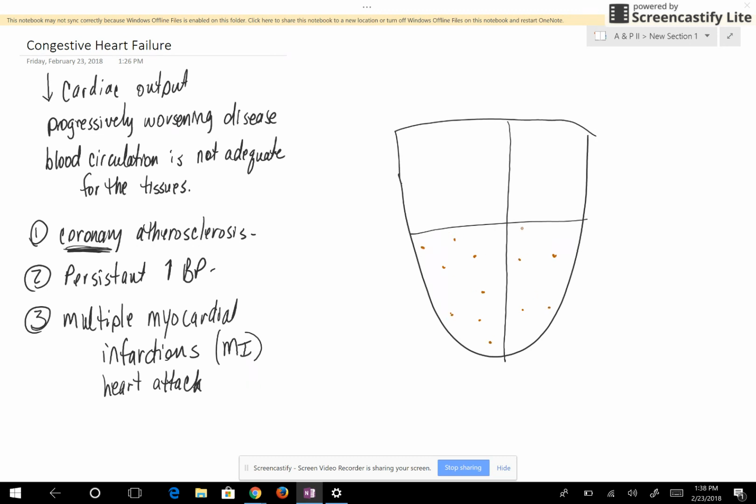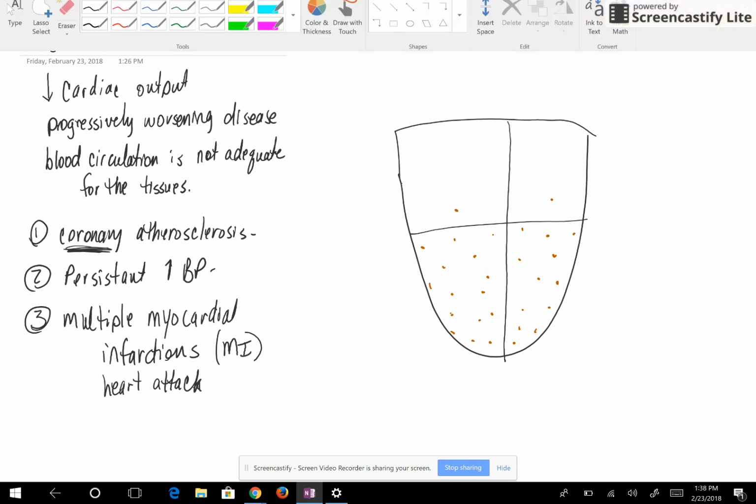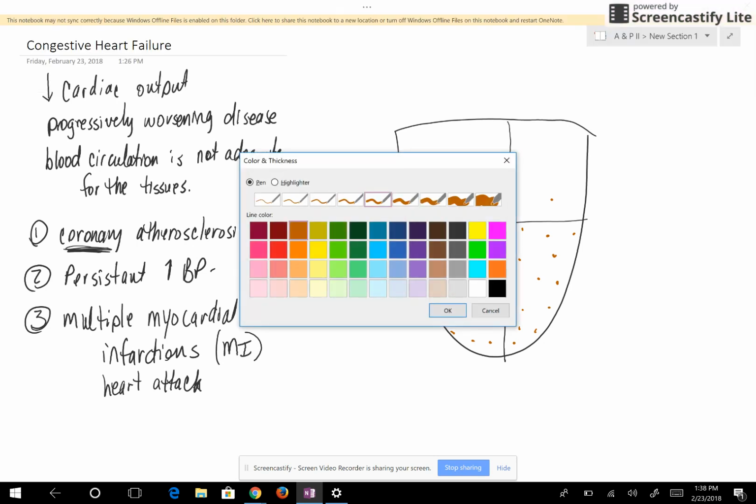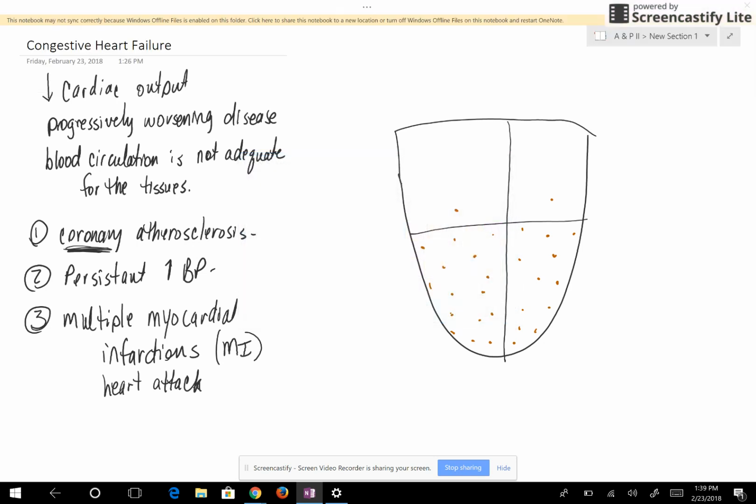You can see that every time you have a little dot, it's only going to represent 1%, 0.5% of the cells of the heart. But after multiple myocardial infarctions, all of those small areas of damage are going to add up. And eventually what that's going to do is cause the heart not to be able to pump the blood out. Dead cells do not contract. And so you have dead cells that are not working, so you have less of your heart working.